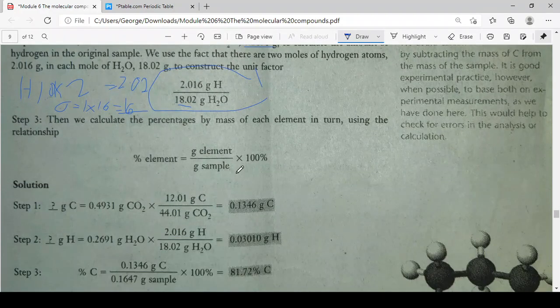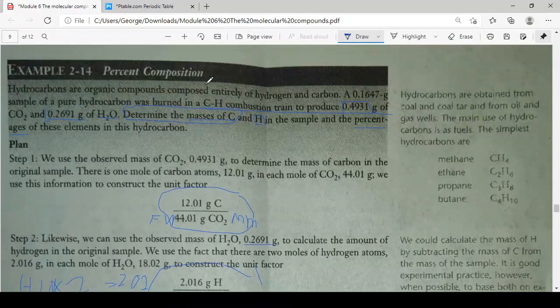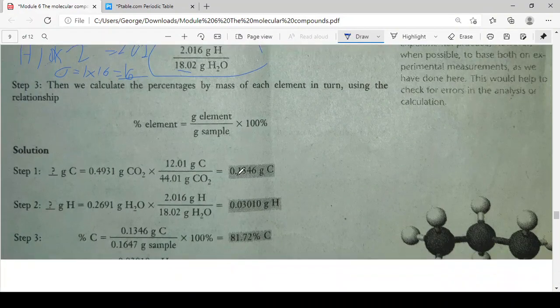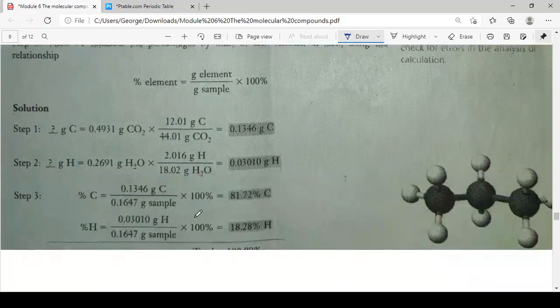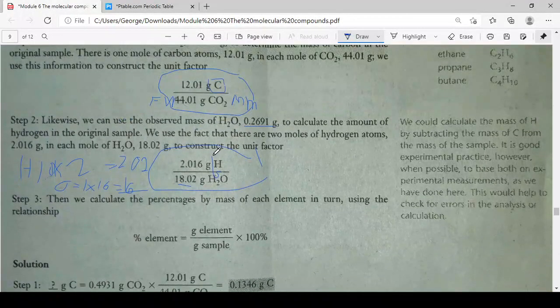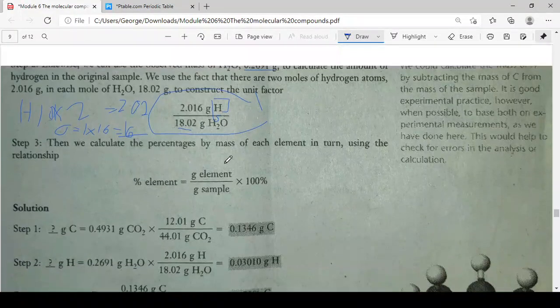Step 3, then we calculate the percentage by mass of each element in turn using the relationship: the percent of the element is equal to the mass of the element over the mass of the sample, times 100. The elements given here are carbon and hydrogen.